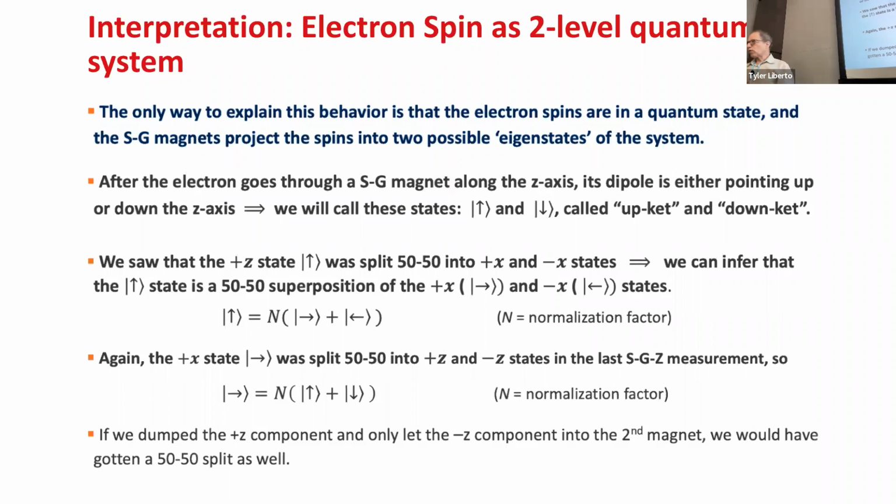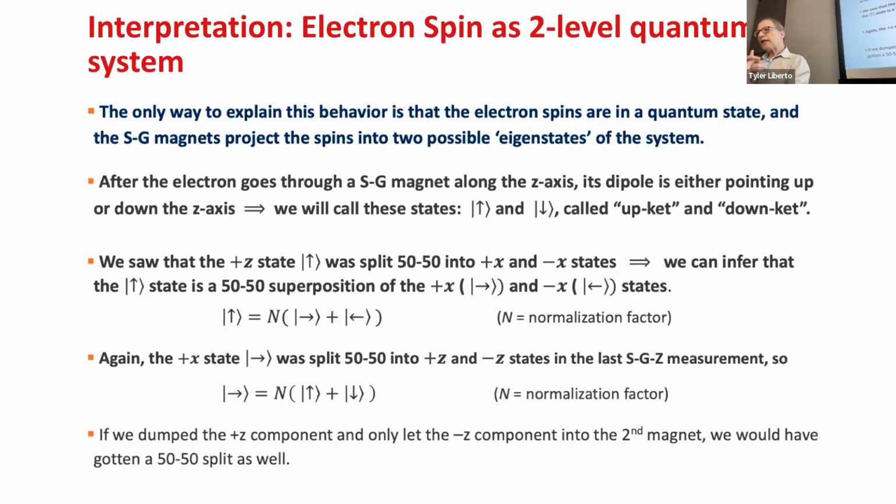So the magnet, or practically any experiments that we are doing, will project out directions. That means they project out the so-called eigenstates of the system. And here we have only two possible eigenstates, either deflected in the so-called positive direction or negative direction, which may be up and down for a magnet in the z direction, or right and left for a magnet in the horizontal direction. So we name these two states up and down. They are usually named up ket and down ket.